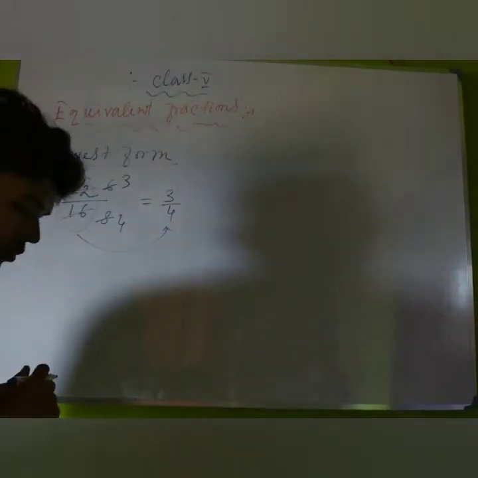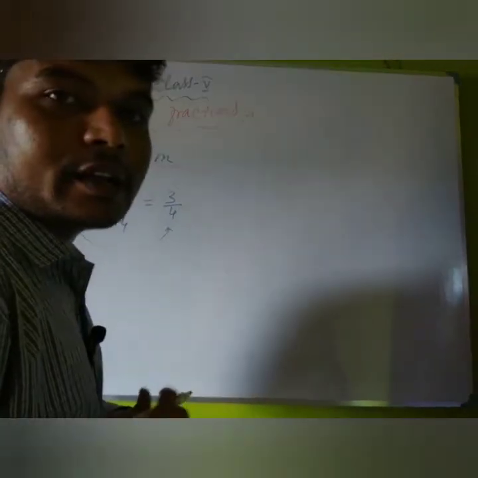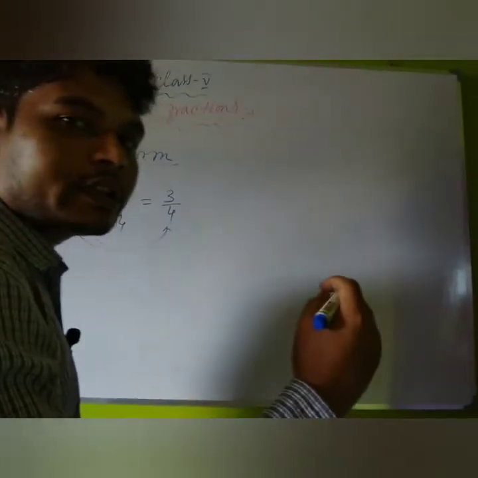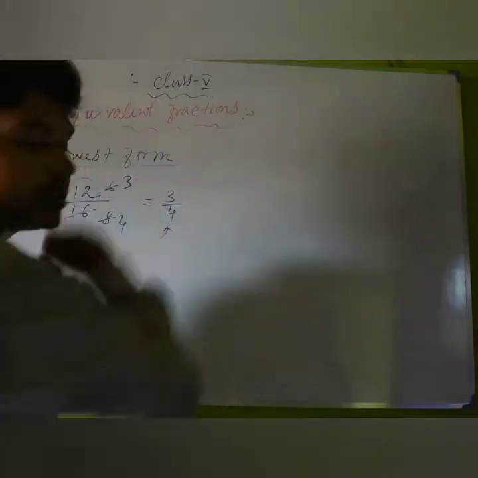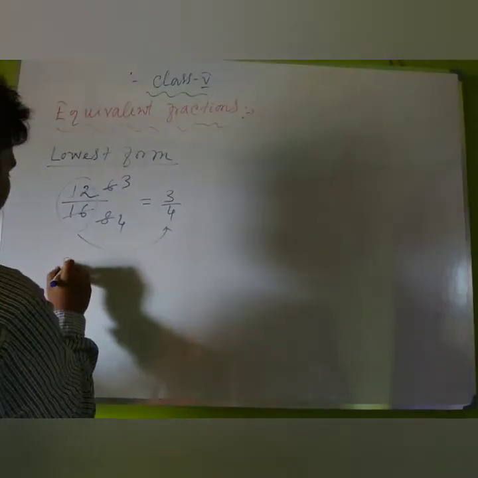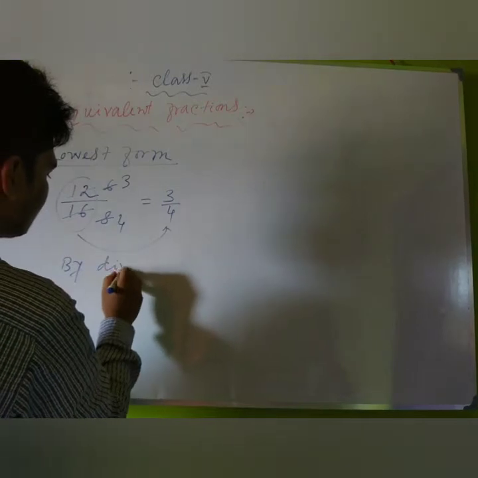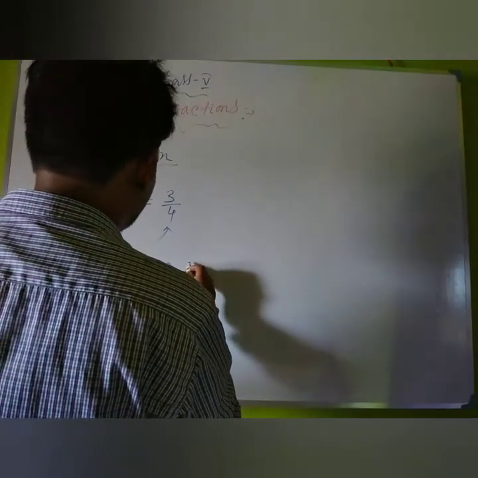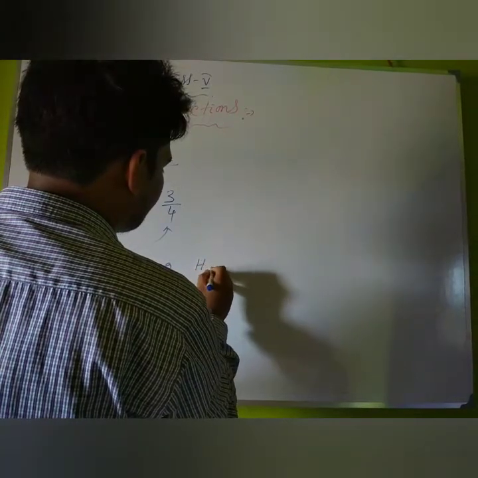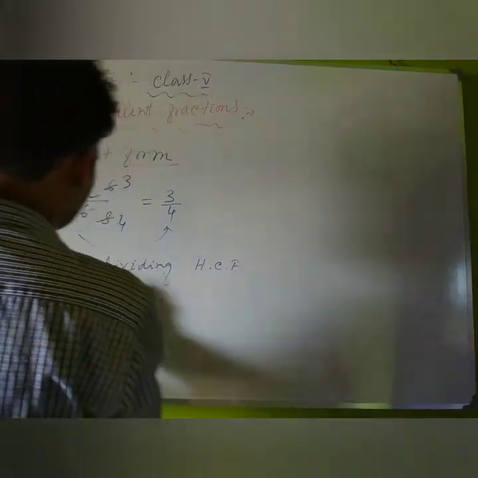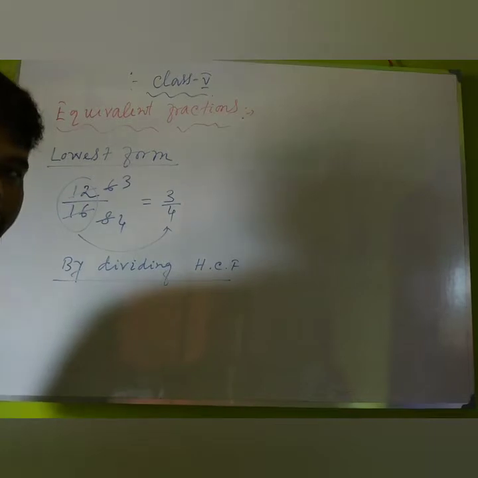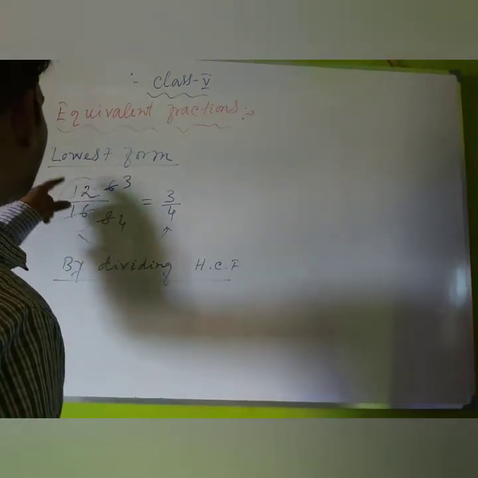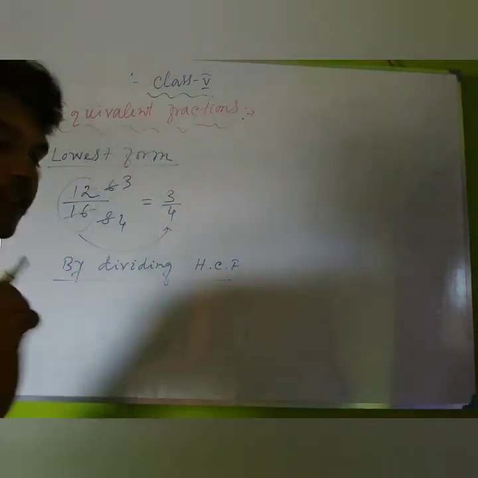But how will we do this in such a way that we get 3 by 4 directly, by dividing by the HCF of the numerator and denominator?